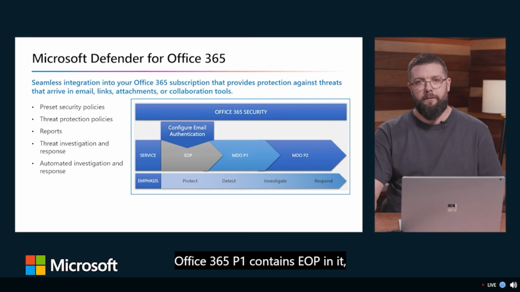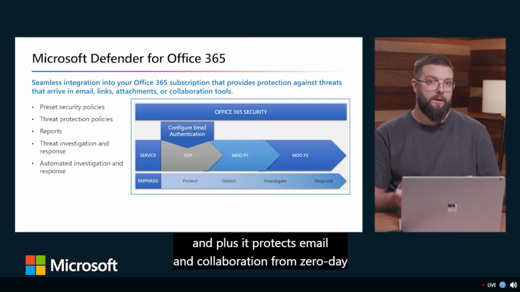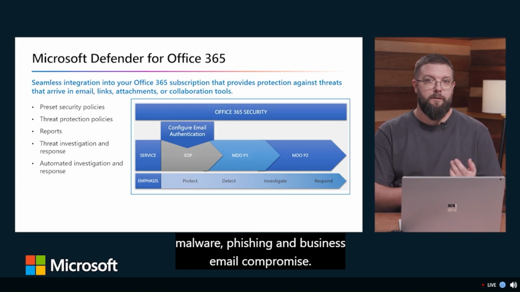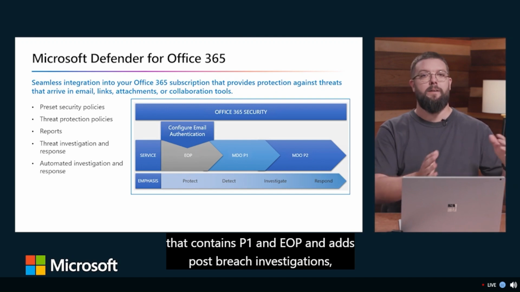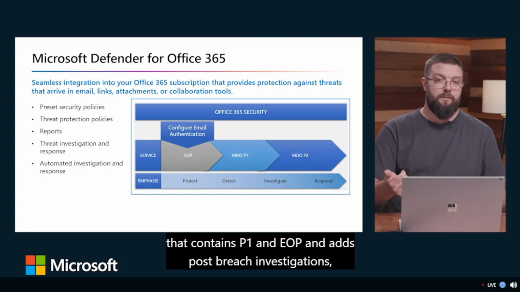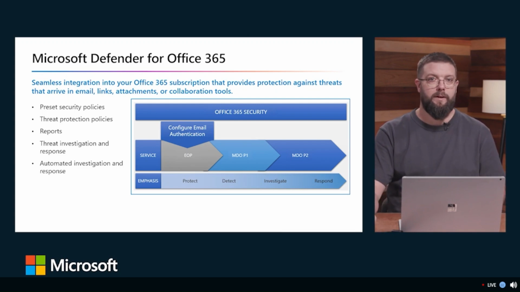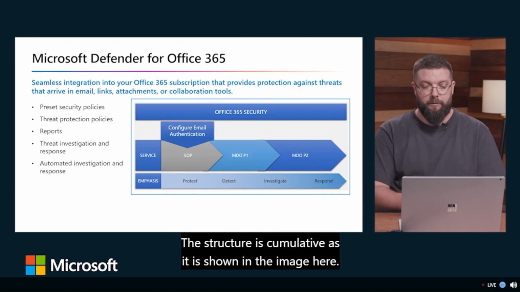So Office 365 P1 contains EOP in it, and plus it protects email and collaboration from zero-day malware, phishing, and business email compromise. Now, if we talk about Defender for Office 365 P2, that contains P1 and EOP and adds post-breach investigations, hunting, response, automation, and that training simulation aspect. So the structure is cumulative as it is shown in the image here.